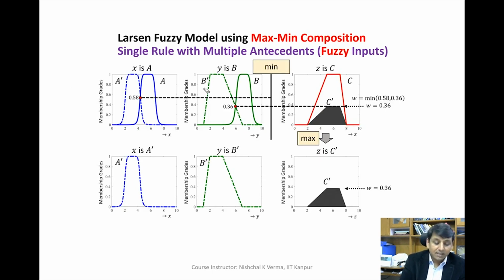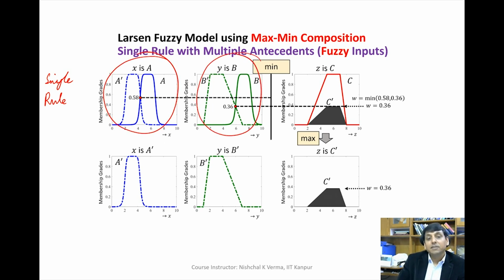Here we have the fuzzy rule, a single rule, and we have multiple antecedents. We have the first antecedent and then the second antecedent. It must be noted that here we have only two antecedents, but we can have many more.